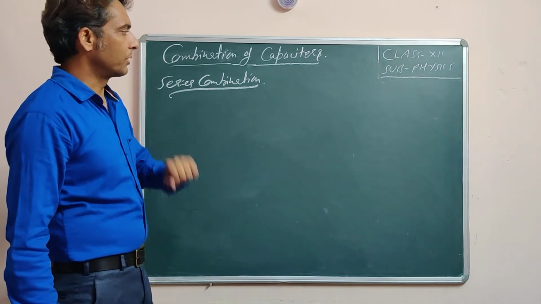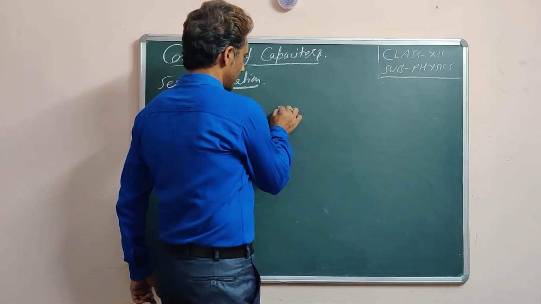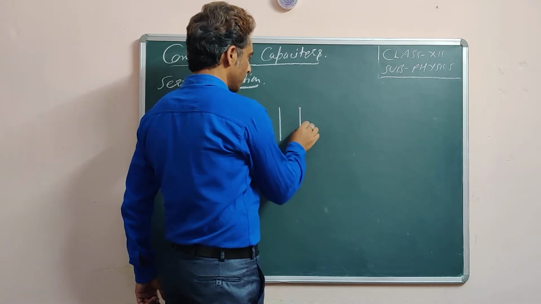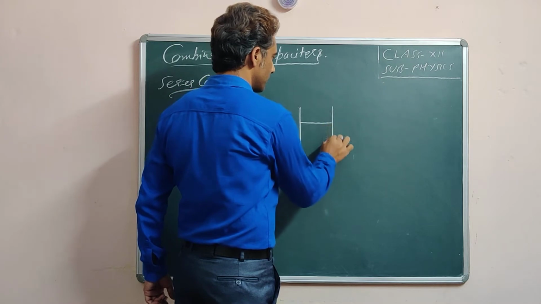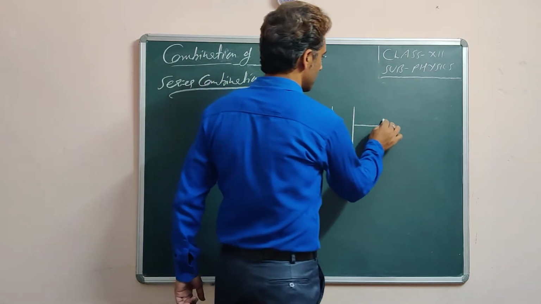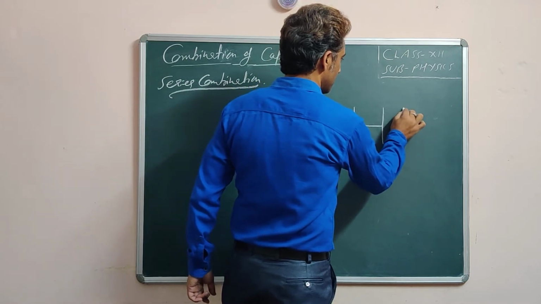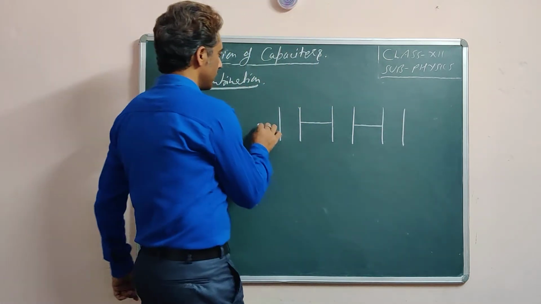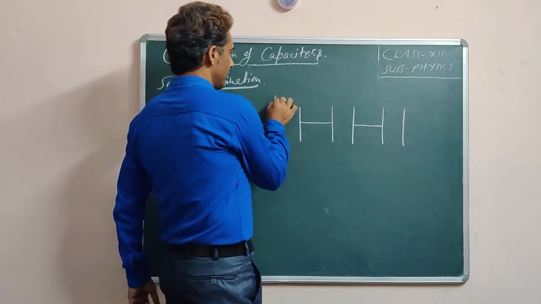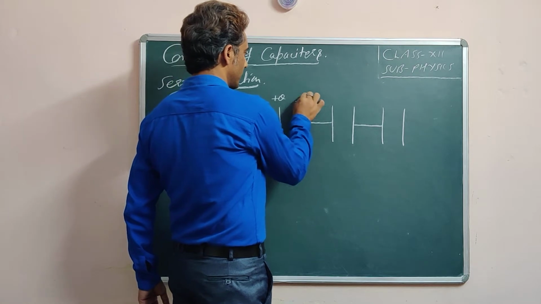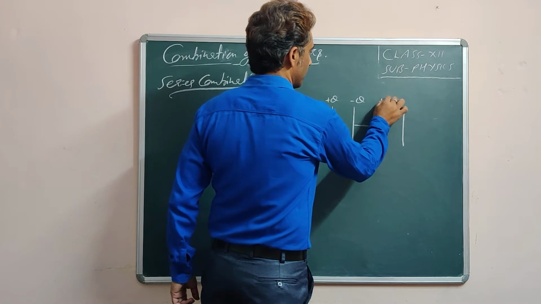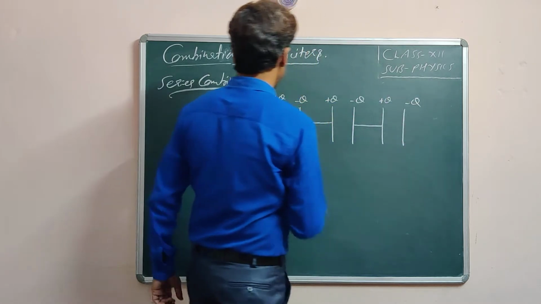If there are three capacitors, let one having capacitance C1, other having capacitance C2 and other having capacitance C3. Let these are three capacitors. Let charge on this be plus Q. So here minus Q, plus Q, minus Q, plus Q, minus Q.